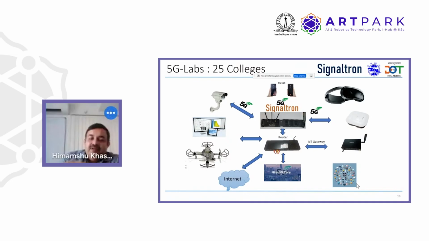And so this is something interesting that you will see in the next few months happening across the colleges, where students and industry partners can come and use these labs to develop and test their 5G applications, systems, or any of the solutions that they are working on.